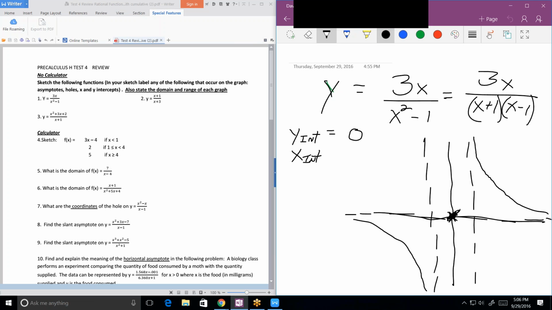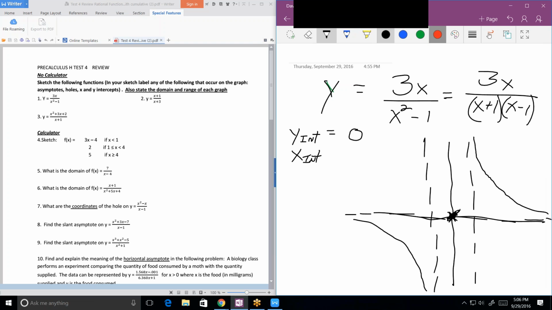Now, I say typically because sometimes if you have a negative sign, if we put a negative in front of that 3x, then I'm not going to be in the first and the fourth quadrant. I'm going to be in the second and the third. In other words, you have to make sure you're in the right spots here.